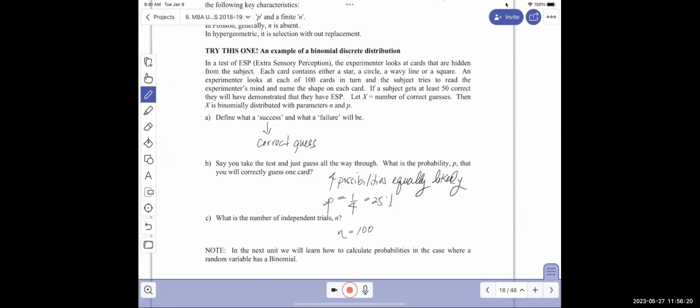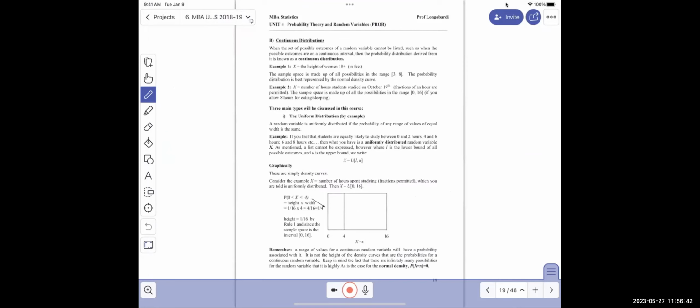And so we can write this as X distributed binomial, n is 100 and p is 0.25. All right, so those are the 2 basic discrete distributions I'm going to talk about: general discrete and the binomial, and the other 2 are just for illustrative purposes.